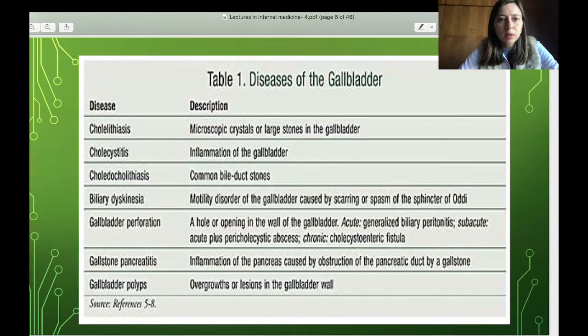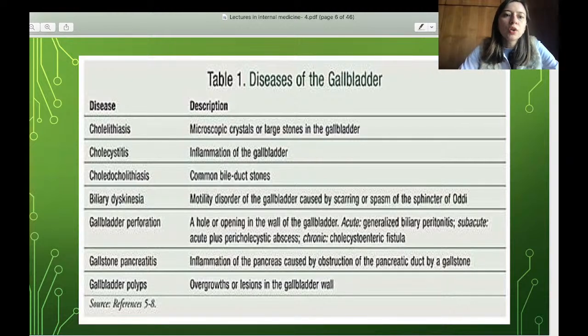You may see a table with diseases of the gallbladder. For example, cholelithiasis. And what is it? Cholelithiasis is microscopic crystals or large stones in the gallbladder. Next disease, cholecystitis.